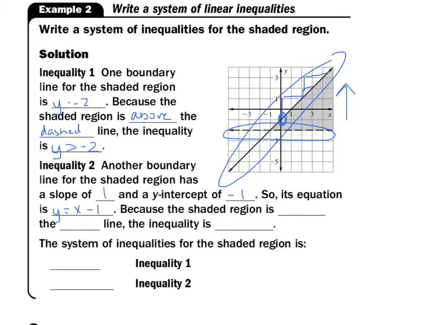And because the shaded region is below and the line is solid, we'll make the inequality y is less than or equal to x minus 1. So the system of inequalities for the shaded region is y is greater than -2 and y is less than or equal to x minus 1.